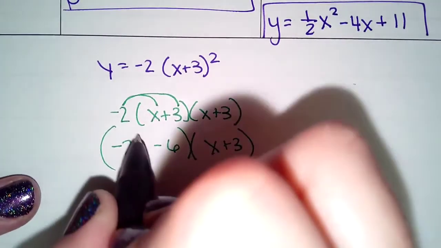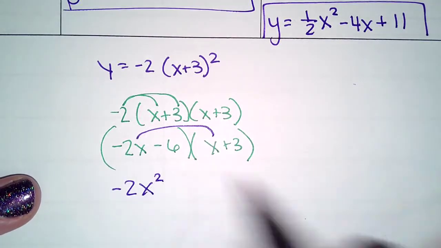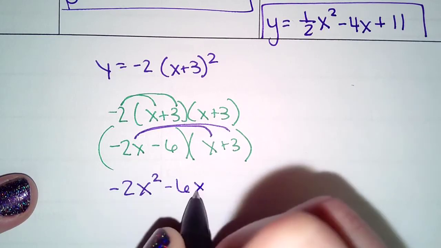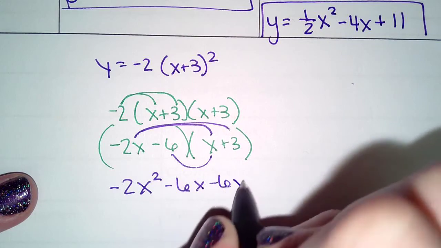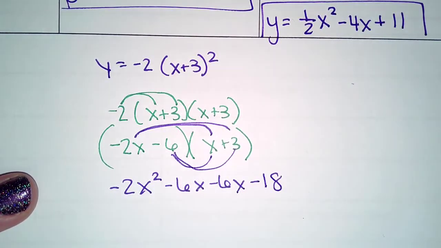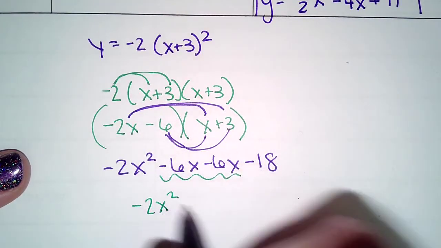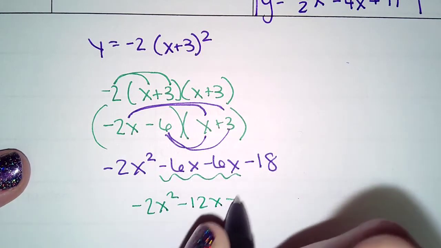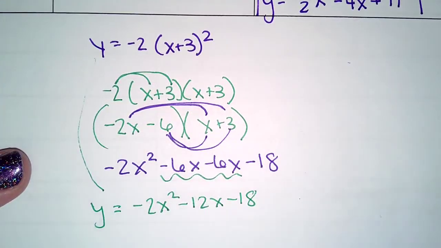Then we're going to distribute here. -2x times x is -2x squared. -2x times 3 is -6x. -6 times x is -6x. -6 times 3 is -18. Combine your like terms in the middle here. -2x squared drops down. -6x minus 6x is -12x. Minus 18, and we drop down our y equals.